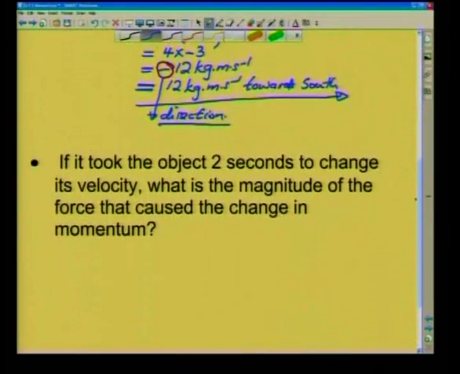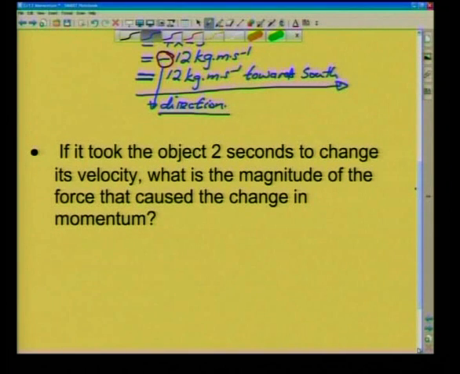momentum there. Now the question is, if it took the object 2 seconds to change its velocity, what is the magnitude of the force that caused the change in the momentum? Now here we need to know that there is a relationship between impulse and change in momentum.